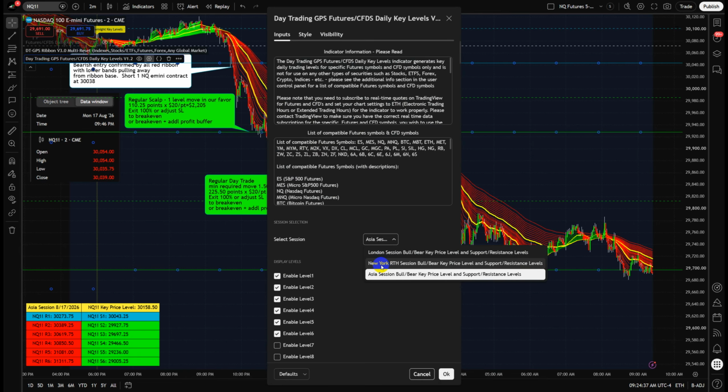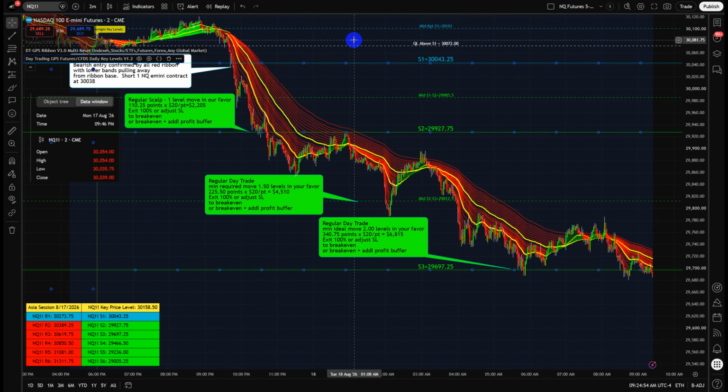This indicator doesn't have all the other additional features. So if you're the type of trader that likes to trade the Asia session as well as the New York session, then you could simply use this V1.2 version for that. And then for the New York session, you should use the V3.0 version.